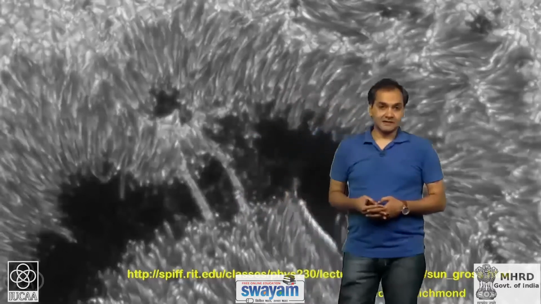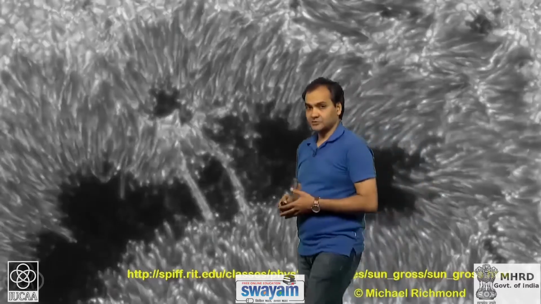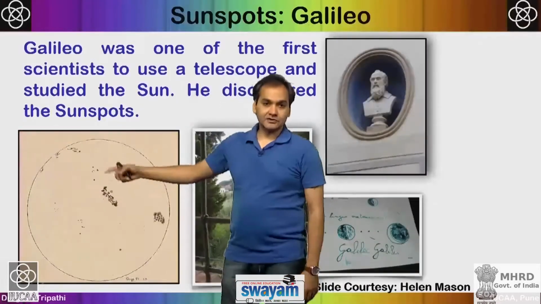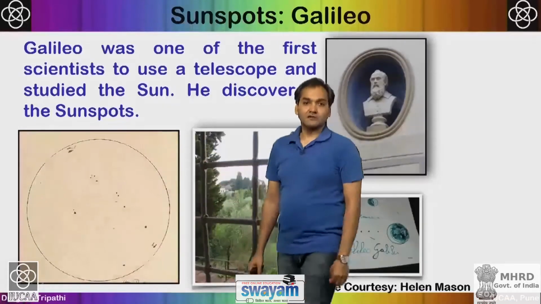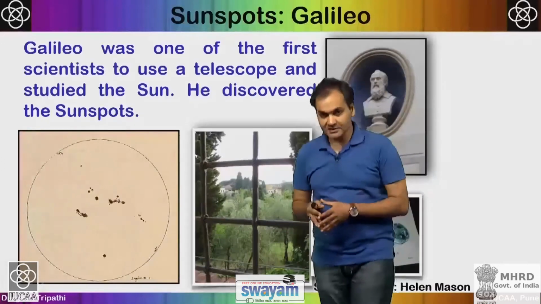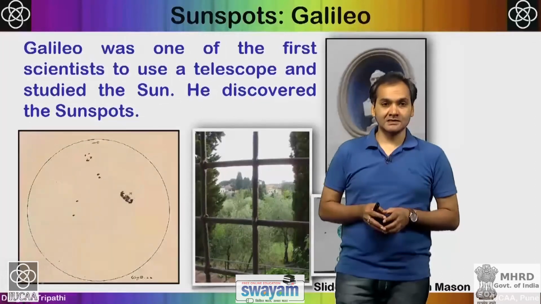Leaving that aside, the first observation of sunspots was done by Galileo. These are the original drawings of Galileo. When he took a piece of paper in 1600 and looked at the sun with his own telescope, he drew what he saw on the sun.